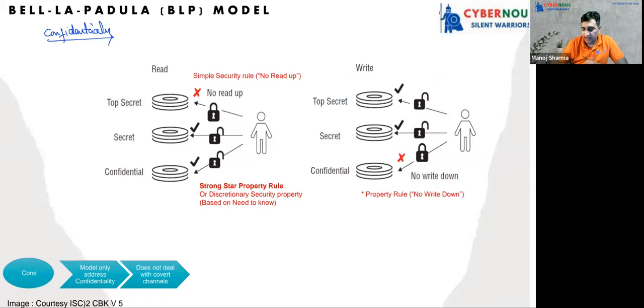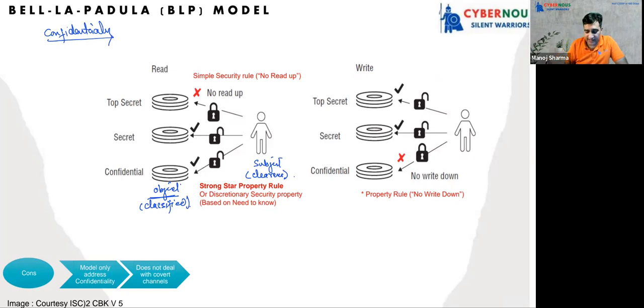It says there are subjects and there are objects. A higher level subject will have higher clearance, a low level subject will have low clearance. Similarly, objects are also very important, and they are also classified. Highly important objects, or you can say documents, are highly classified, and low importance documents are low classified.